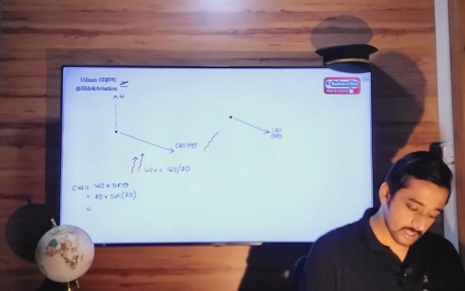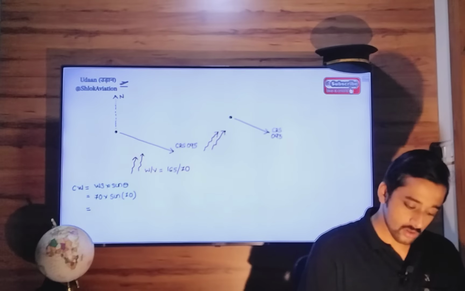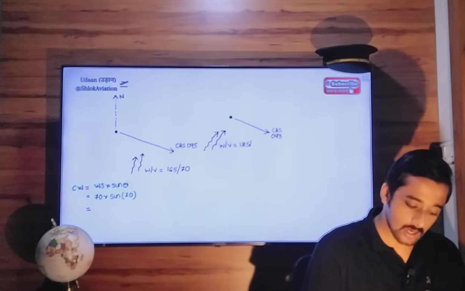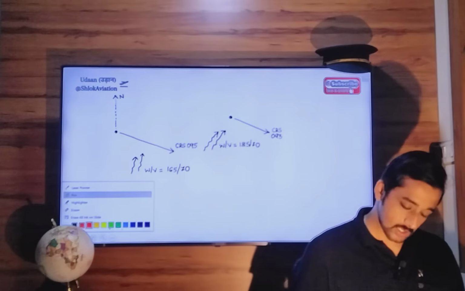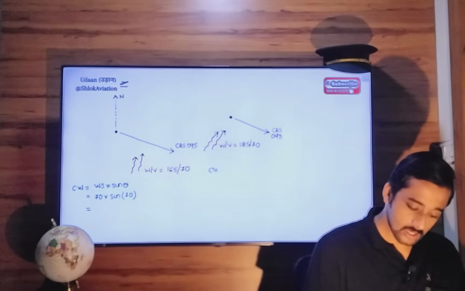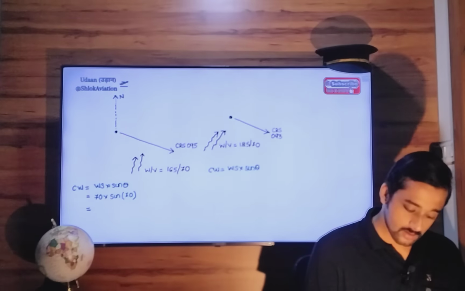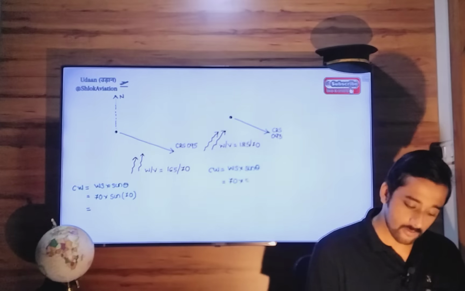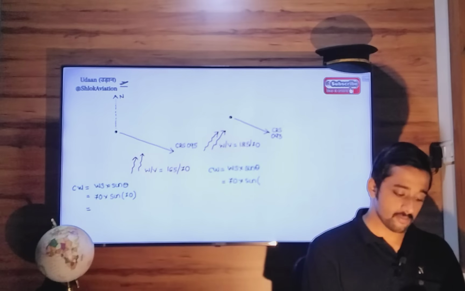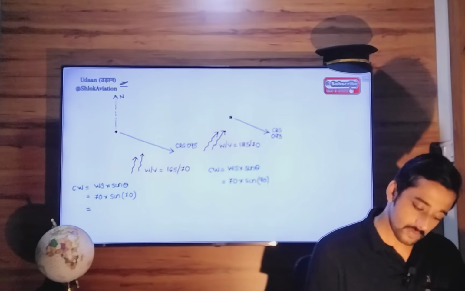So something like this. Wind velocity 185 at 70 knots. So in this case, the crosswind will be wind speed into sine theta: 70 into sine of 185 minus course 95, sine 90.